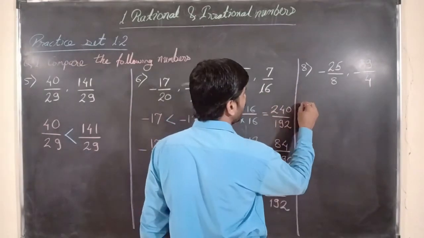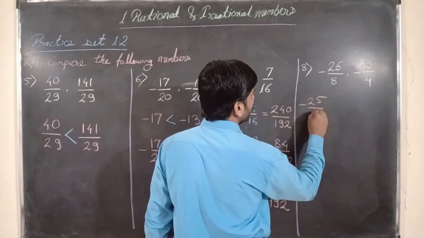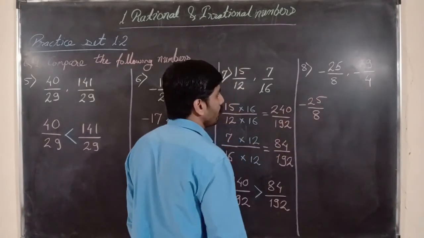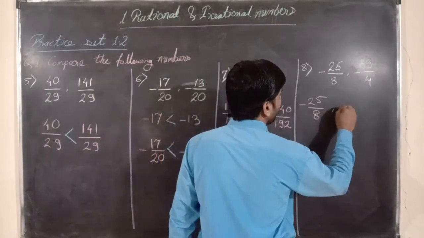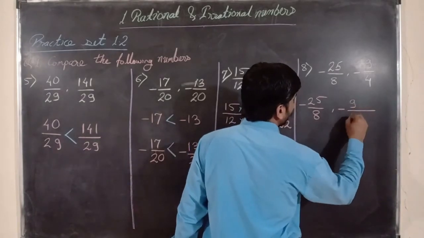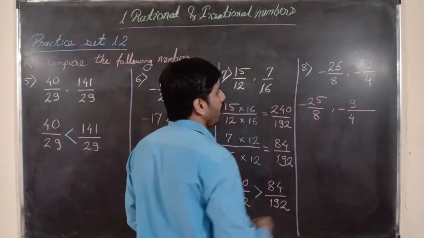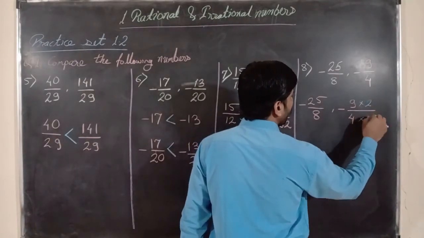So the first number is negative 25 upon 8. We'll keep this as it is, and the second number is negative 9 upon 4, and we'll multiply and divide the second number by 2.